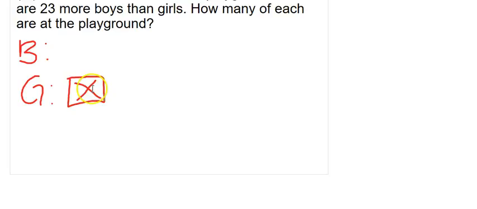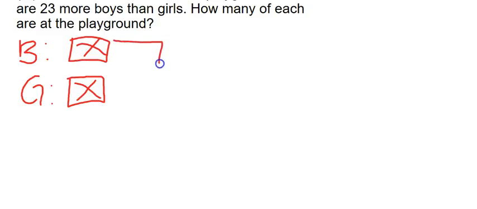So if there's X number of girls, how many boys will there be? It will be X number of boys plus how many? Plus 23. It will be the same number of girls and then 23 more, whatever that X represents, and that's what we are going to find.